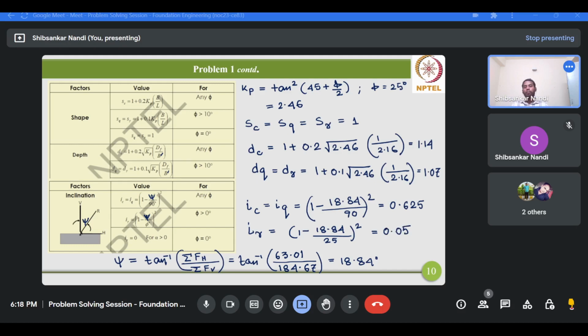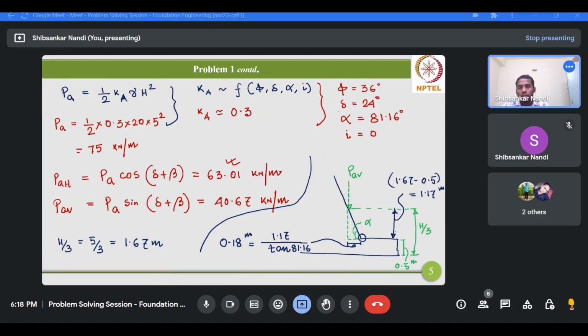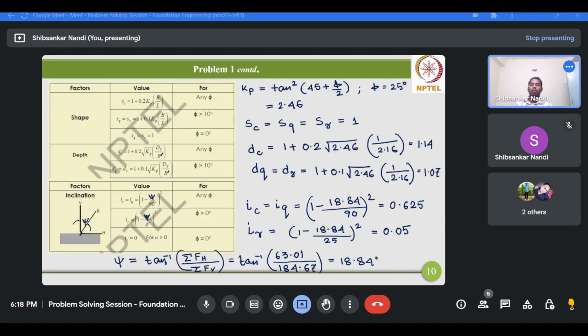Okay. What is the value of phi? Yeah, phi is your 25 degree. So 18.84 divided by 25, then 1 minus answer, squared. Oh, sorry, 0.06. This value is basically 0.06.